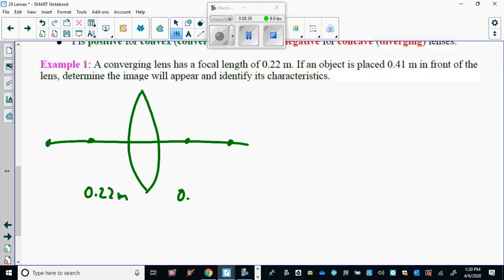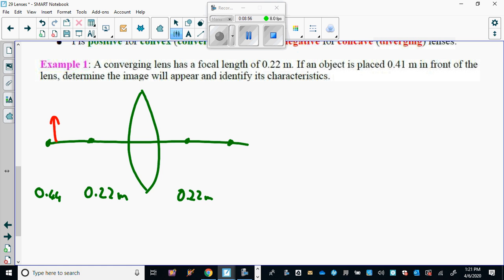And from here to here is obviously 0.22 meters. If an object is placed 0.41, so where would that be? Well, this point over here will be 0.44. So 0.41 is going to be just in front of that. So if I put an object right there, determine where the image will appear and its characteristics.